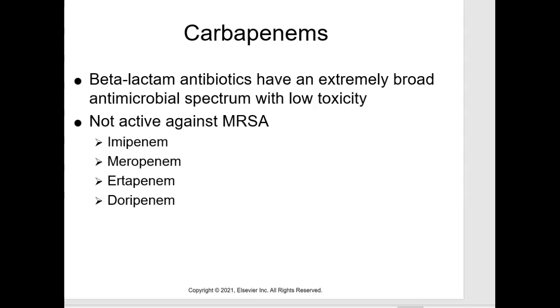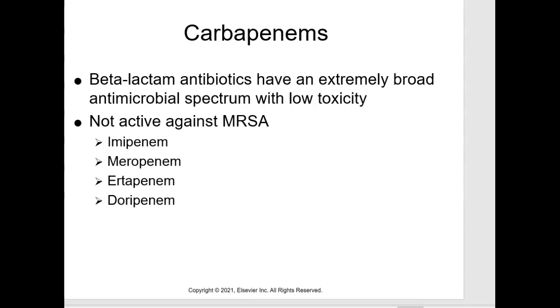It's approved only for IV therapy of complicated skin and skin structure infections caused by susceptible strains of the following gram-positive organisms: staph, both MSSA and MRSA, Streptococcus pyogenes, Streptococcus agalactiae, Streptococcus anginosus, and Enterococcus.